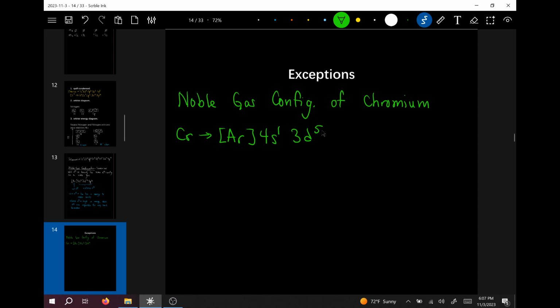That is kind of odd. It becomes very apparent why chromium actually is 4s1, 3d5 instead of 4s2, 3d4, when we write down the energy diagram for it.